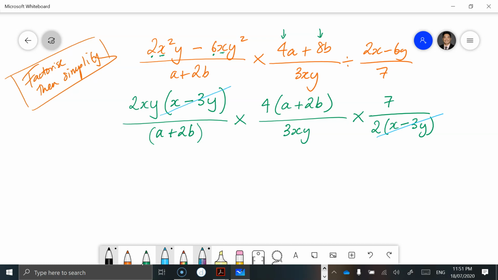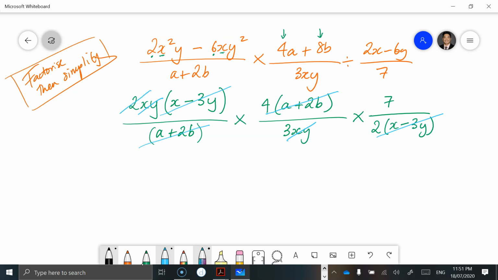We've got an a plus 2b and an a plus 2b, we can cancel them out. So cross simplification, so remember again, when we're multiplying fractions or dividing fractions, those things that we've done in the past, if you need to revise and refresh your memory and go through it again, please do that. We've got xy and xy, so xy and xy can cancel out as well.